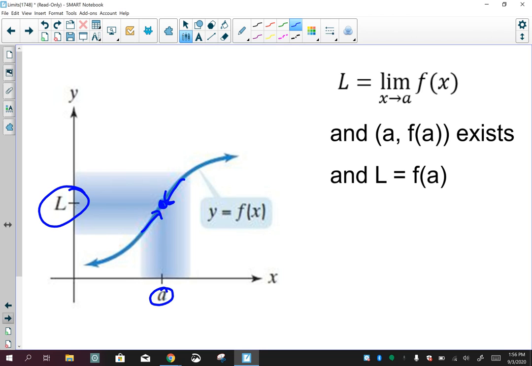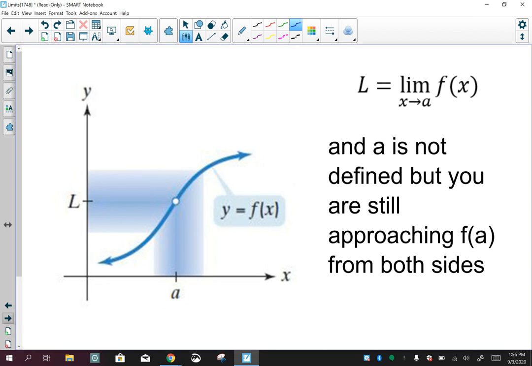The second way is you have the same graph, but now at this value that we're looking at, in this case A, it is not defined. It doesn't mean it doesn't exist. It's just not defined here. It might be somewhere else, or maybe it really doesn't exist. We don't know. But what we do know is somebody took the manhole cover off of the manhole, and now we have a hole in our graph.